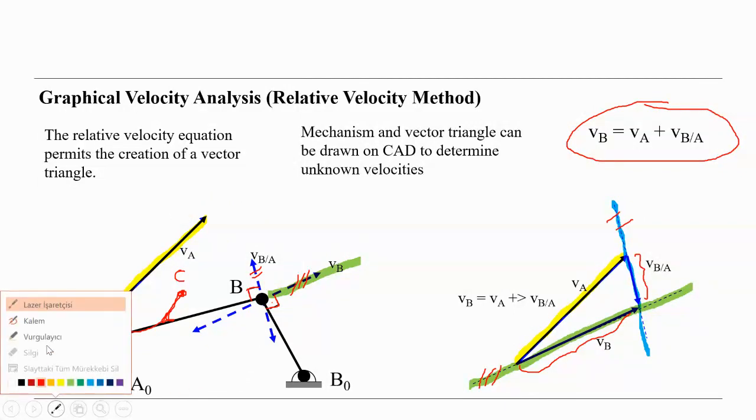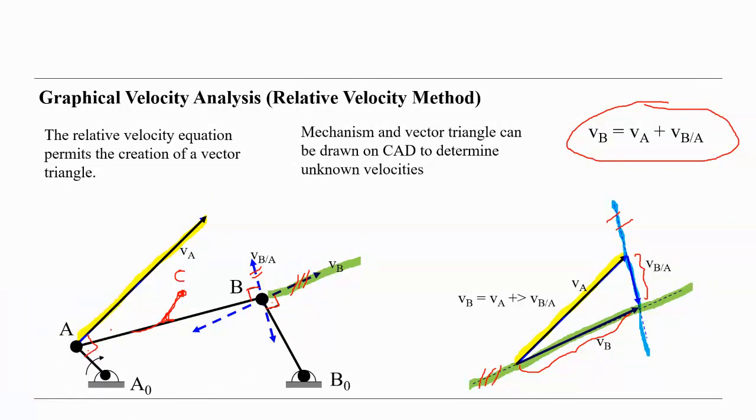Let's assume here that the length A0A is known, and the rotation is, let's say, 200 RPM. When we know the rotation of the A0A, then we can calculate the angular velocity.